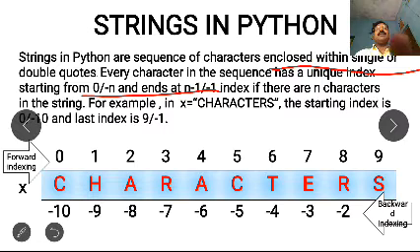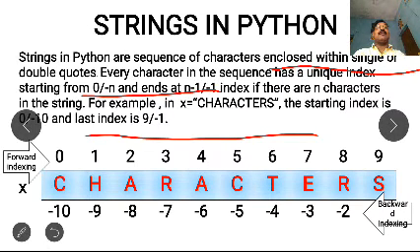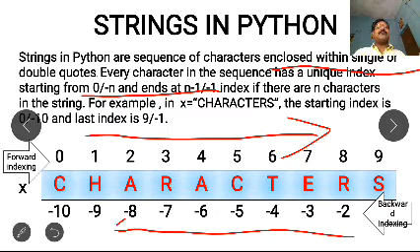This is known as the forward index, which starts from 0 and goes up to n-1, where n is the number of characters. And the backward index starts from -1 and goes up to the last one.